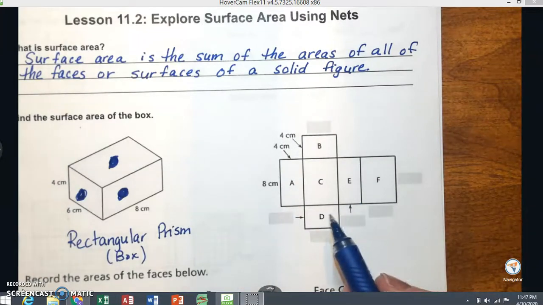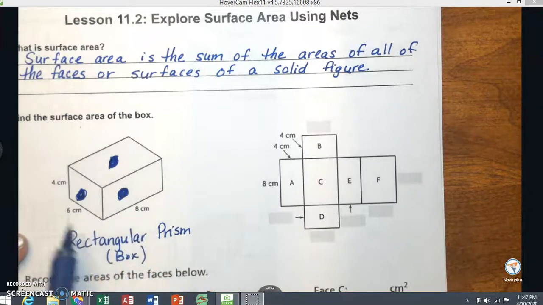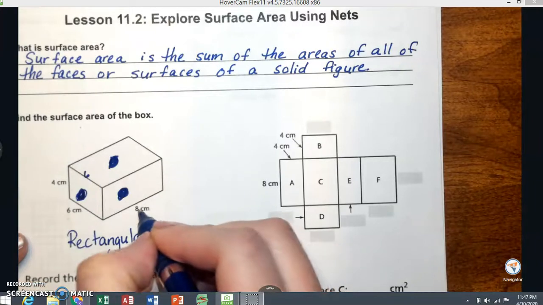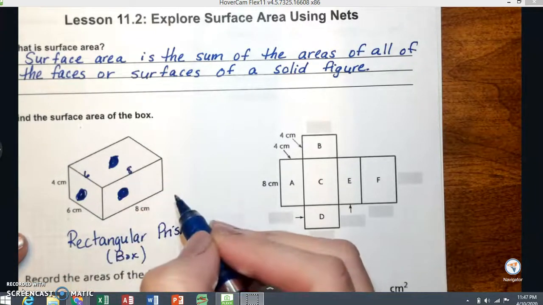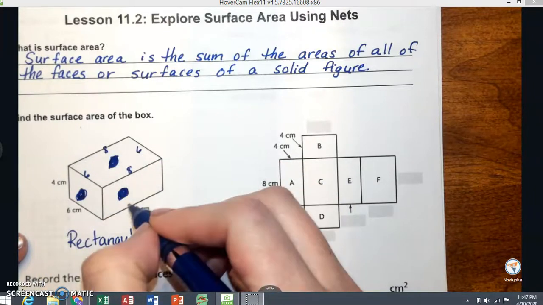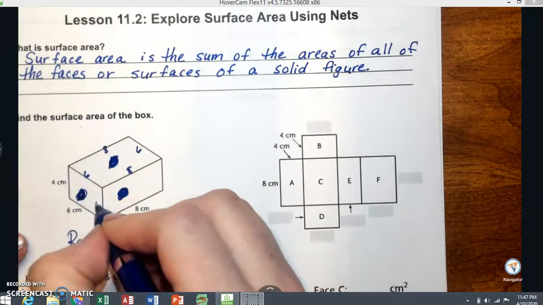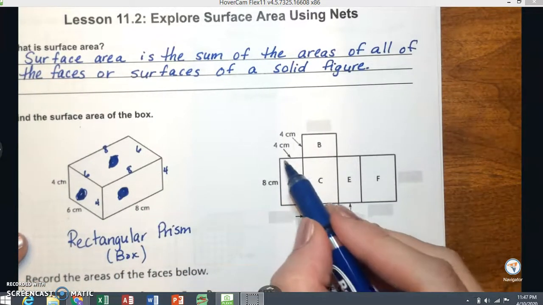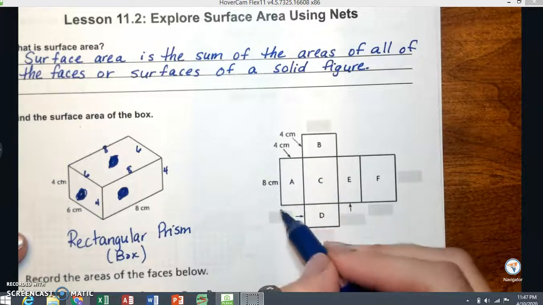I'm going to go ahead, if we'll notice right here, this side is 6, which means this is 6. This is 8, which means this is 8. That means this would be 6, 8. Since this is 4, this side and this side is also 4. So looking at that, notice how this is 4 and this is 8.